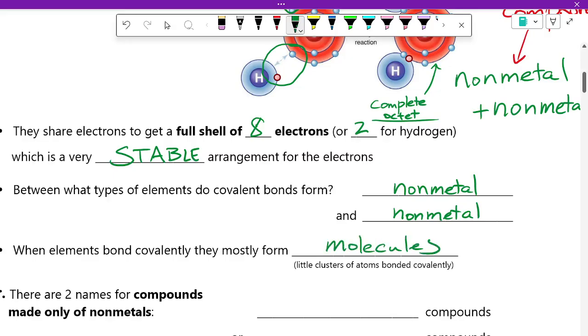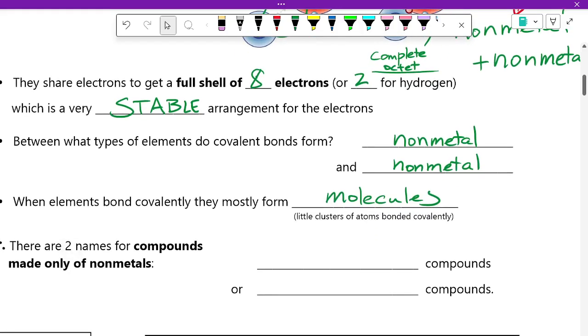And in fact, there are 2 names for covalent compounds. They are called covalent compounds. They are also called molecular compounds. You'll hear both. I tend to use covalent because that way it's consistent with the type of bonding. But if you hear molecular, that also means it's a covalent compound. Those 2 mean the same thing.